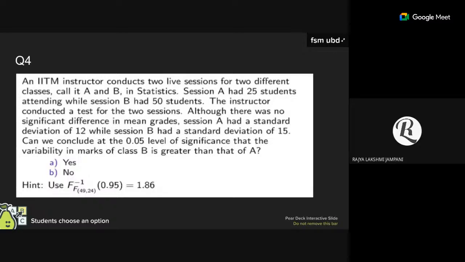Since variability and standard deviation are obviously positive entities, variability being greater means standard deviation is greater.